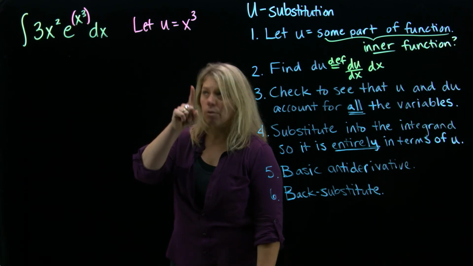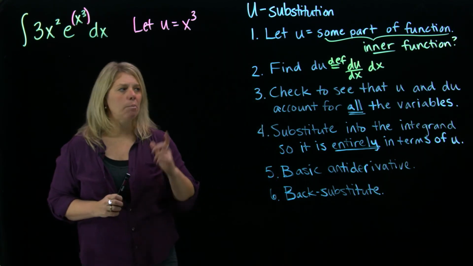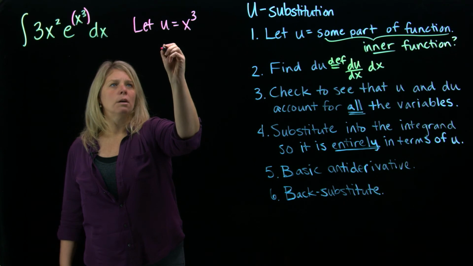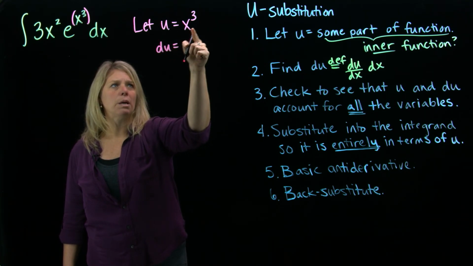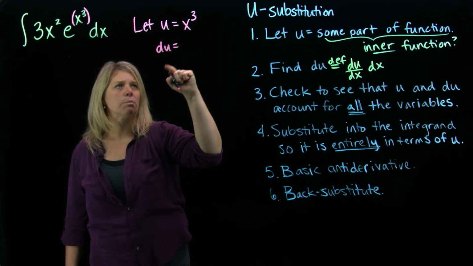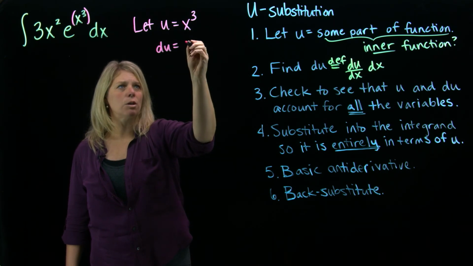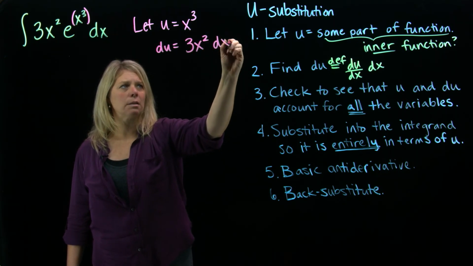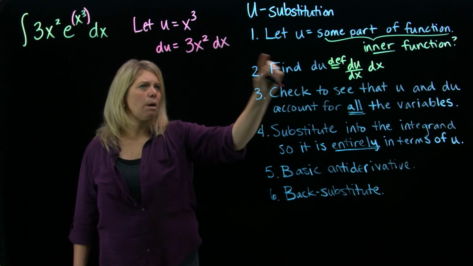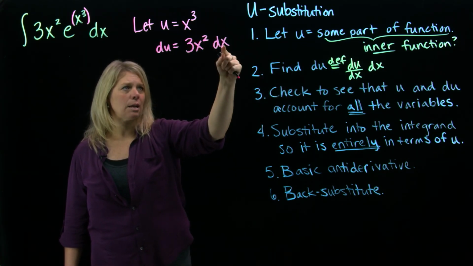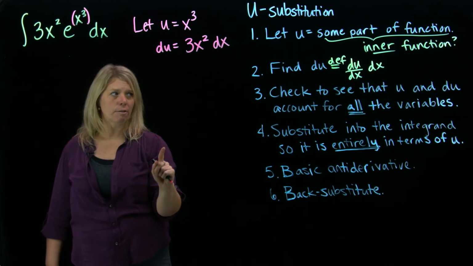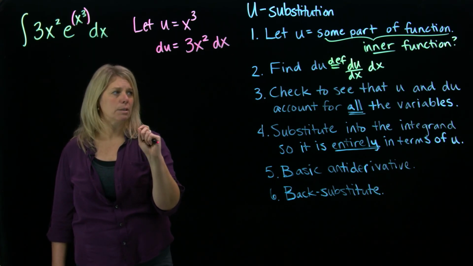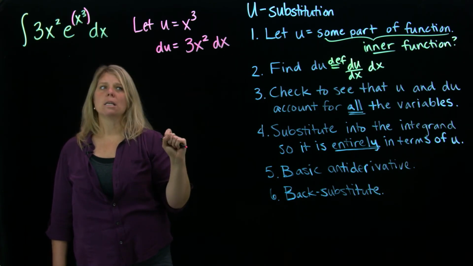So from my u that I chose here, I'm going to find the du. So du will be the derivative of this function with respect to x. The derivative of x cubed with respect to x is 3x squared, and then times dx. So this is my du dx times dx. That's a differential, what we did a couple weeks ago. So there's my du.